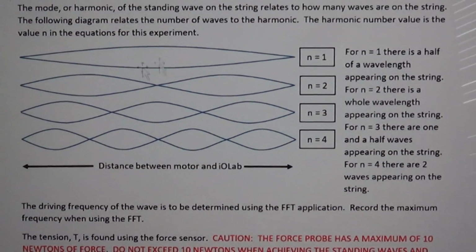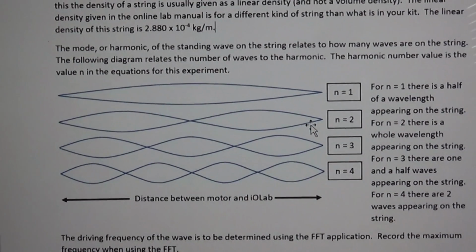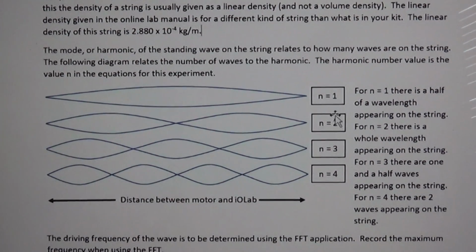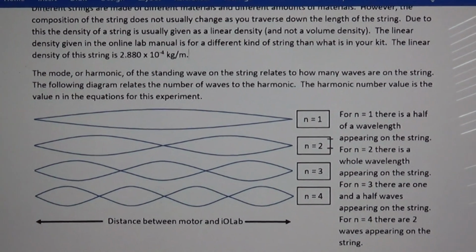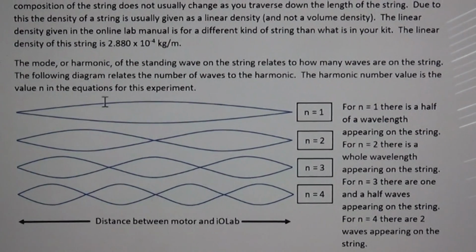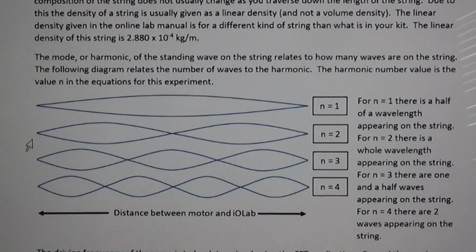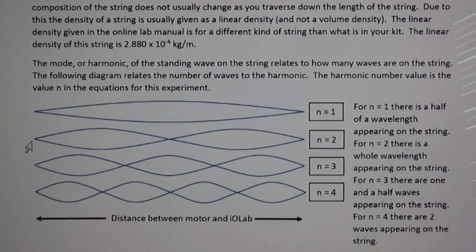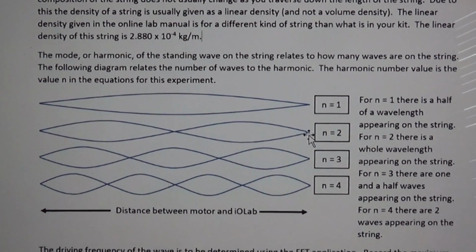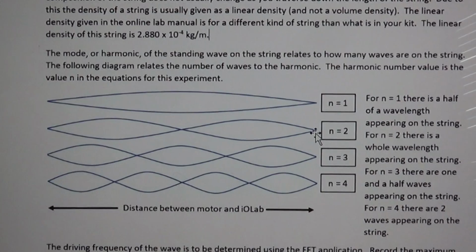Now, if you reduce the tension, or we're actually going to start off at n equals 2, so not n equals 1, we are starting at n equals 2. So you have a certain amount of tension on the string, and the node is where the motor is tied off at the left end, and the node at the right end is where the screw is on the IOLAB.